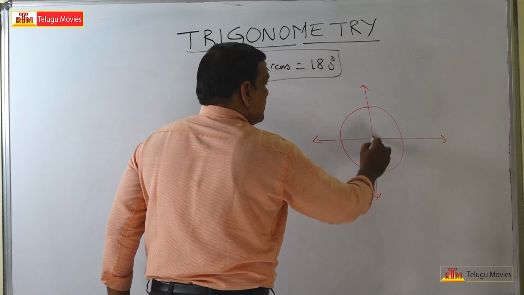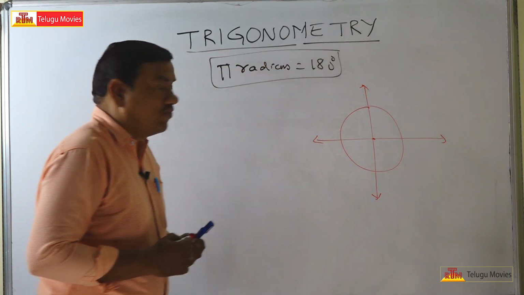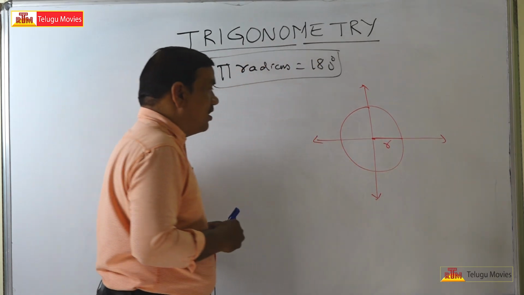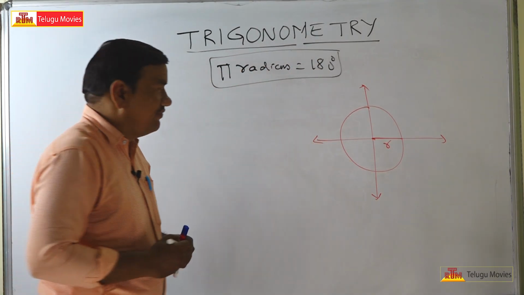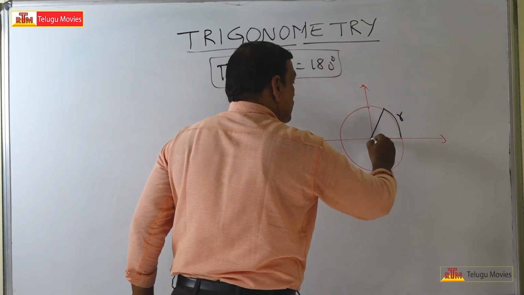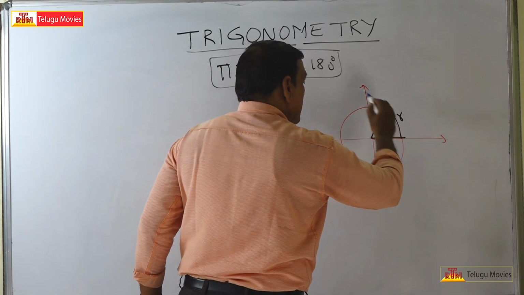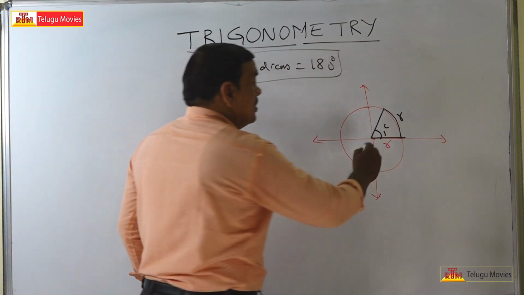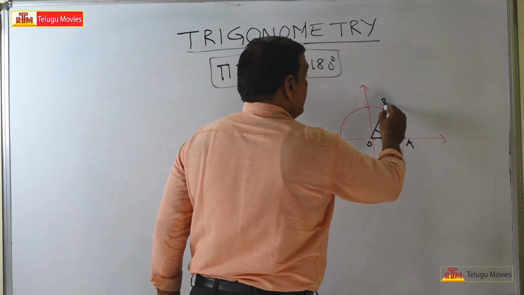Let us consider a circle of radius r. As usual, our definition is to take an arc of length r. This is also r. This is 1 radian you are defining. That means this is OAB.